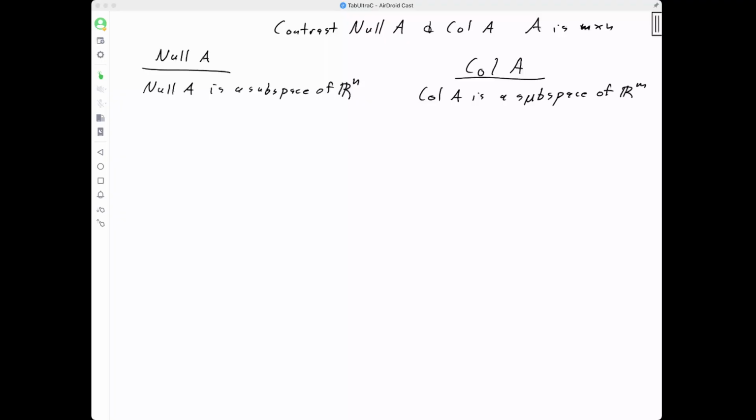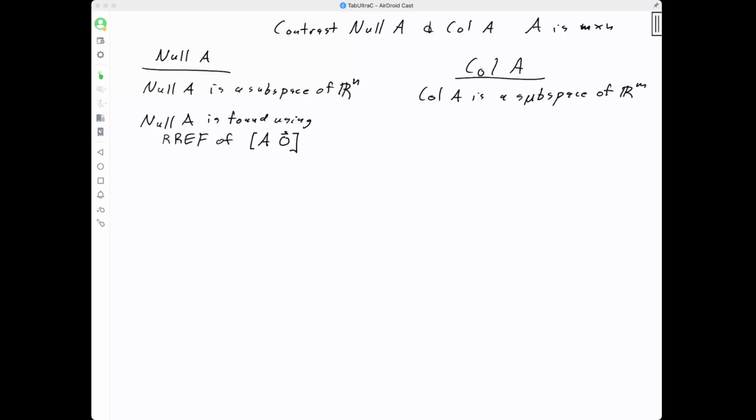So the next thing, the null space, this null space is found using the reduced row echelon form of A0.